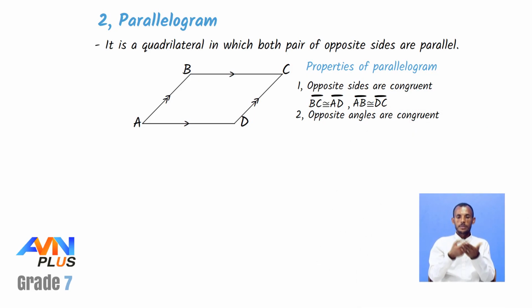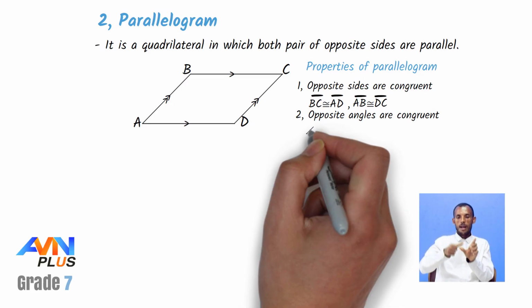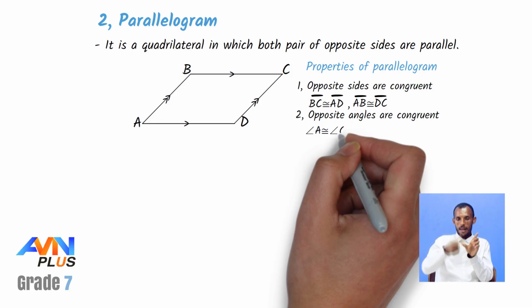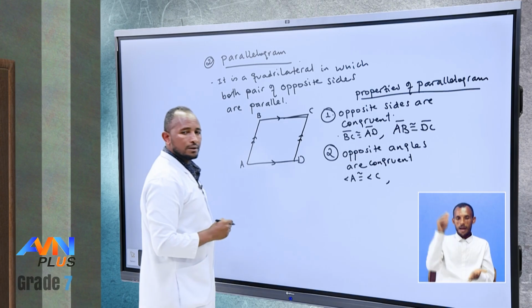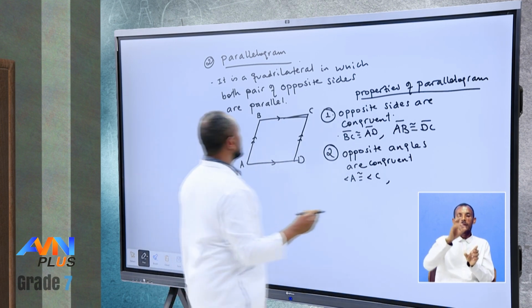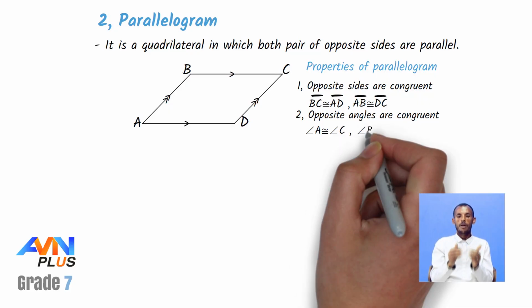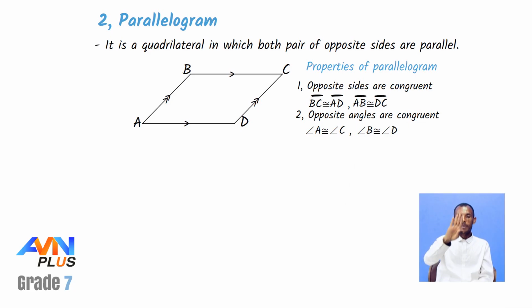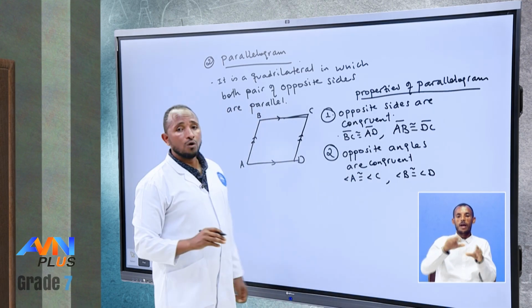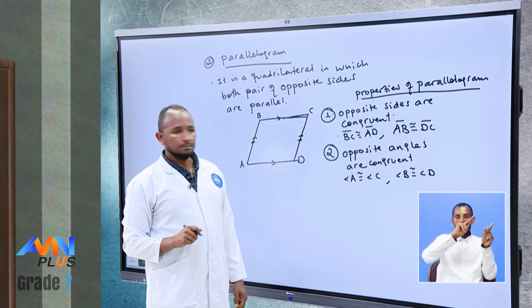This means angle A is congruent to angle C. Again, angle B and angle D are also equal. So here, angle B is congruent to angle D. So the opposite angles of a parallelogram are congruent, or they have equal measure.